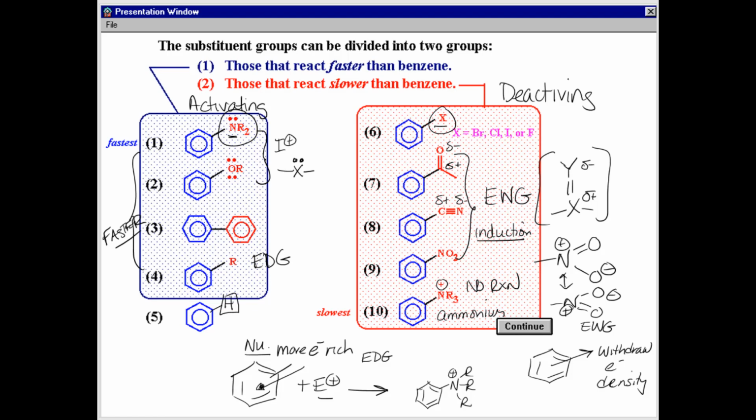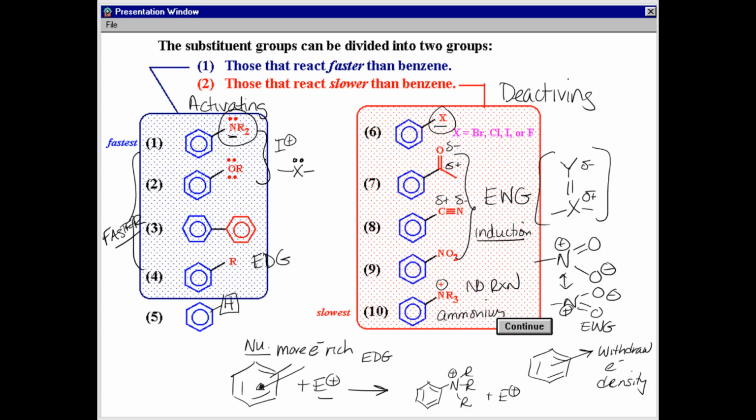I think the biggest problem here is not so much that it's pulling electron density out of the ring, but I'm trying to react a positively charged ammonium with a positively charged electrophile, and the electrostatics on that is not going to work. So typically some textbooks won't even talk about this, and they'll just say no reaction. We'll keep it as number 10 for the moment.